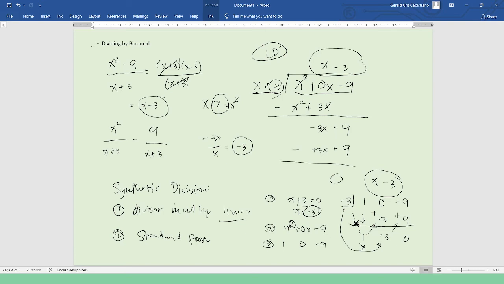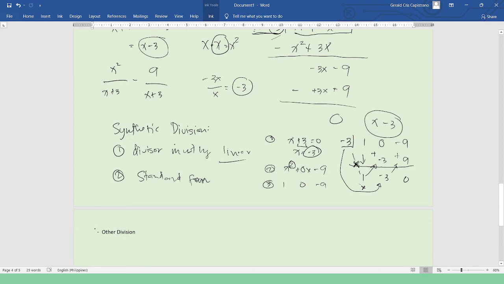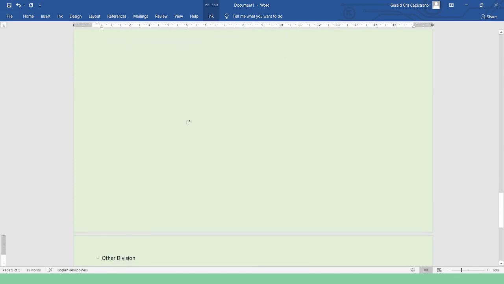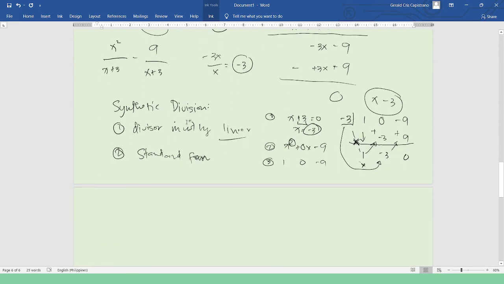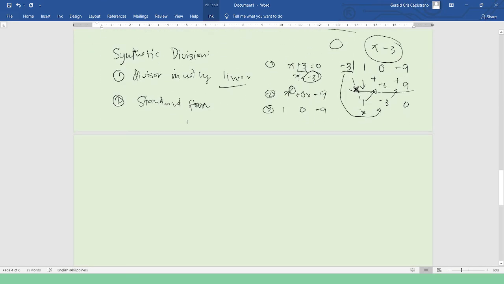Okay, so, bigay pa tayo isa pang example para maniwala kayong madali lang yang ating synthetic division. So, stop ko lang yung inking. Lagay ko lang to sa next page. Okay. So, ayan. Try tayo ng medyo magulo, or medyo mahirap.